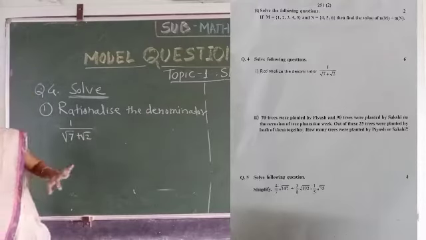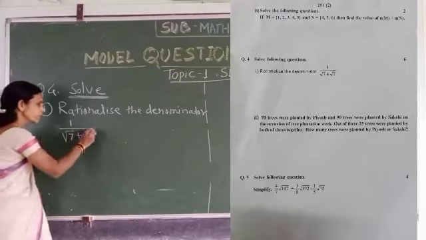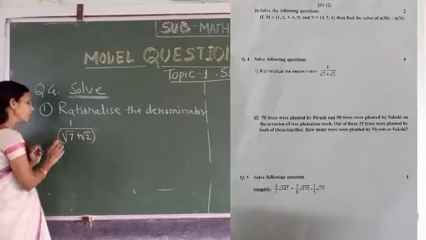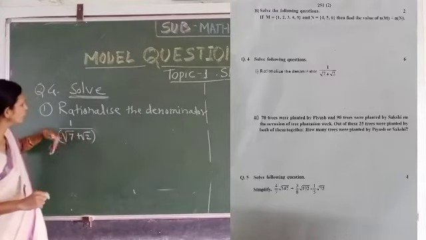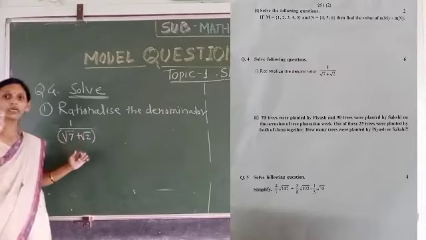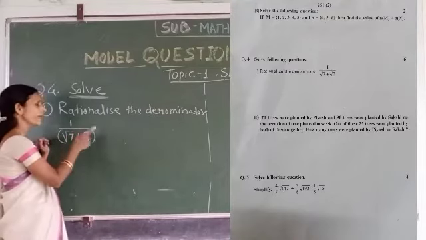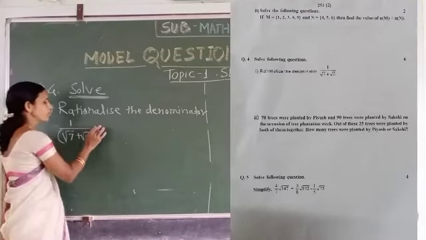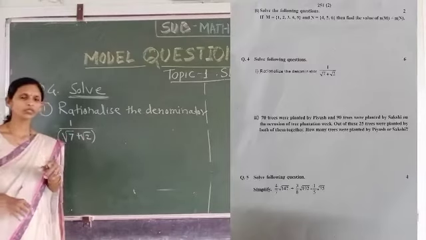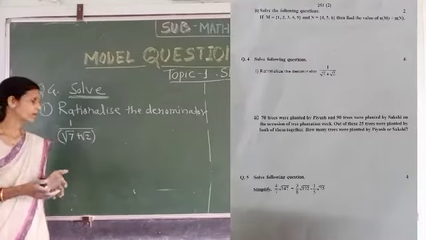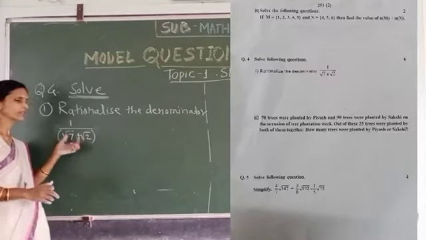All of you have studied that when the denominator is given in the form of an irrational number, we have to convert this denominator only, not the numerator. The denominator should be converted into a rational number. Therefore, to rationalize the denominator, we have to find the conjugate pair of that binomial surd expression.